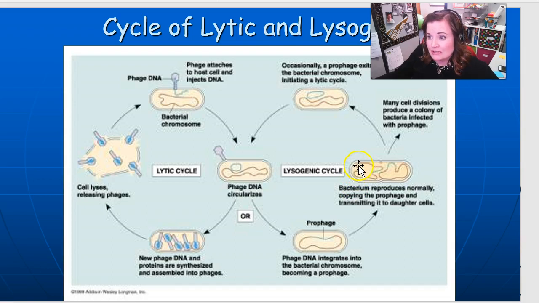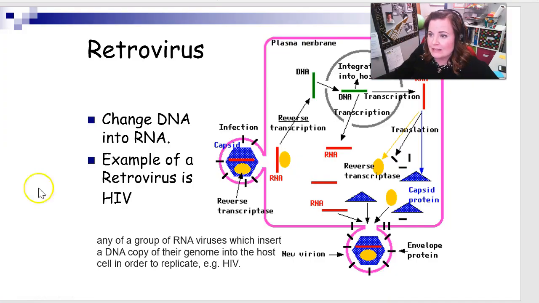Let me just go back to say that this process of changing RNA to DNA means that there's an extra copying process happening. And every time you have an extra copying process, you have some room for error and for mutations.